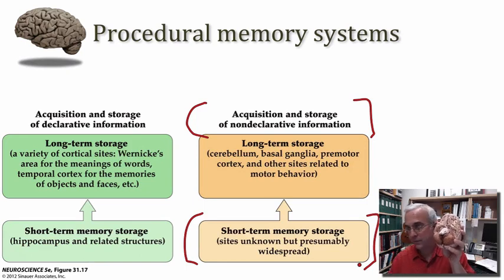One can think of procedural memory as a form of motor learning that requires the generation of error correction signals in order to acquire a memory, and that memory then takes the form of an accrued skill, at least with respect to motor function and motor behavior.